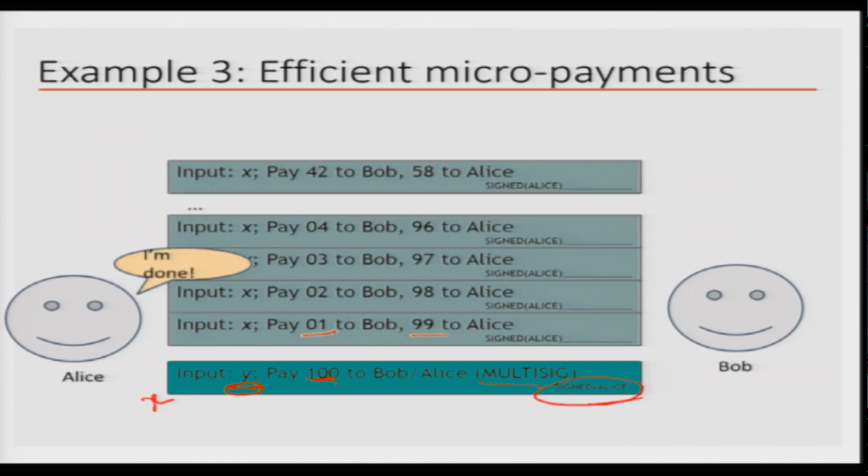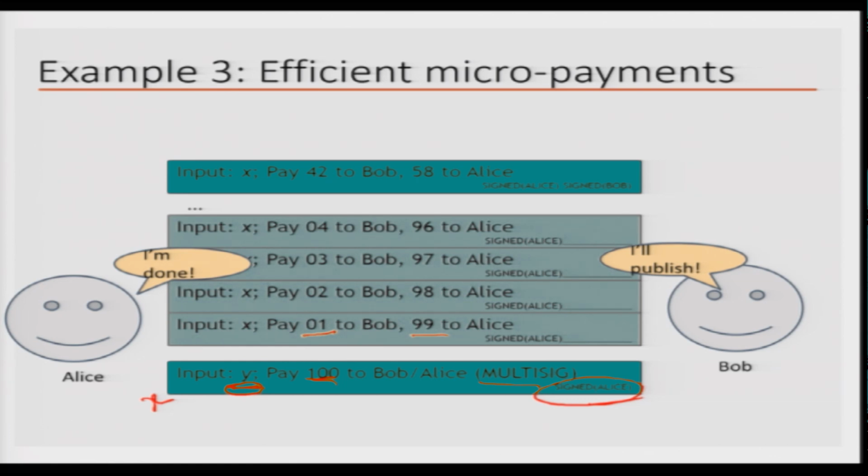But none of them are redeemed, or even put into the blockchain, because they all refer to the same transaction and do different things, so they are all double spends. But at the end, when Alice says I am done, and Bob says okay, I will publish the transaction on the blockchain.